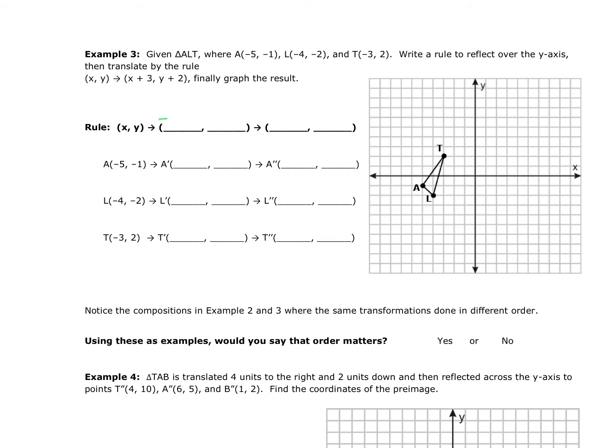So x values become the opposite and our y values stay the same. Then we're going to take that and add 3 and add 2 to our x and y. I wanted to write that in red, so I'm just going to write over it.